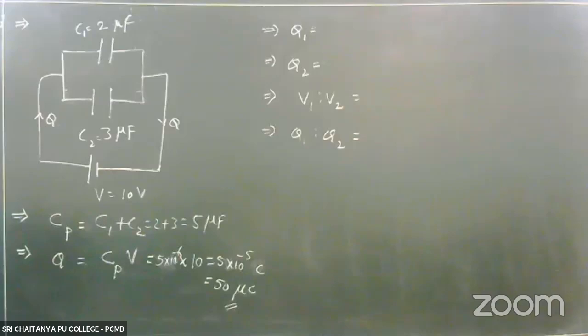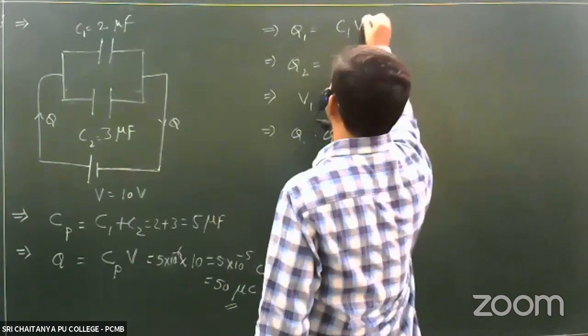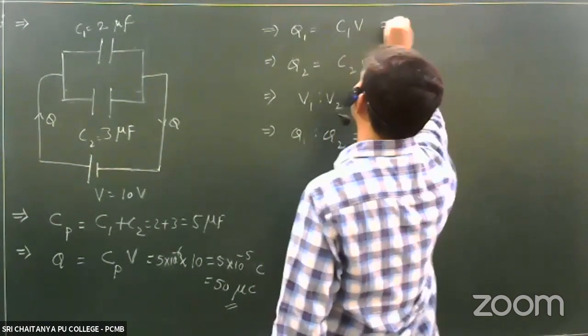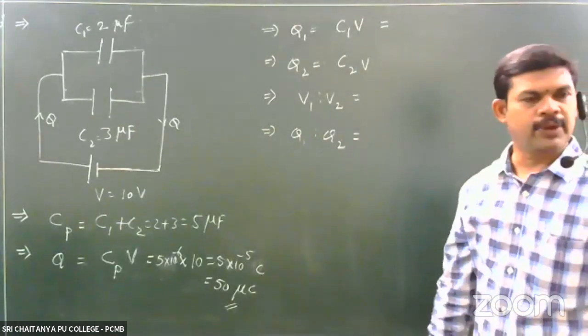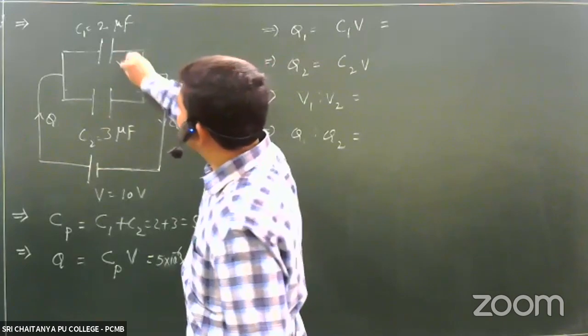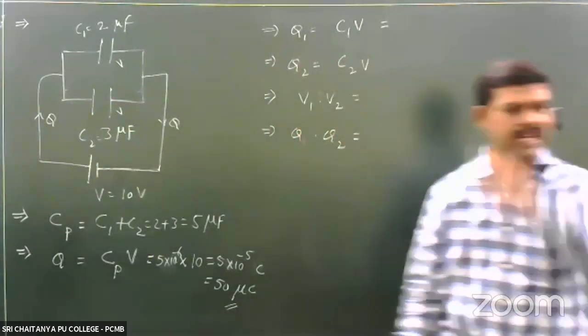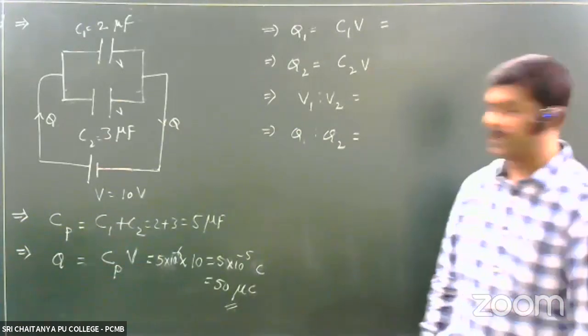Next question: what is Q1? Q1 is C1V, Q2 is C2V, since Q is equal to CV. Once I connect a cell, as they are parallel, the potential is the same in each line. Important point to note.